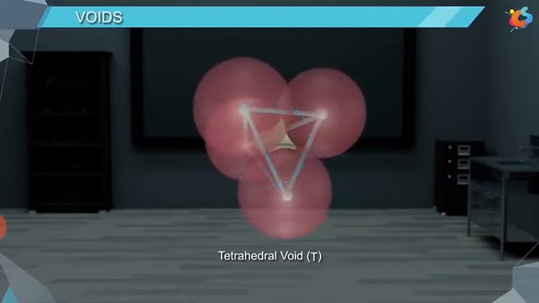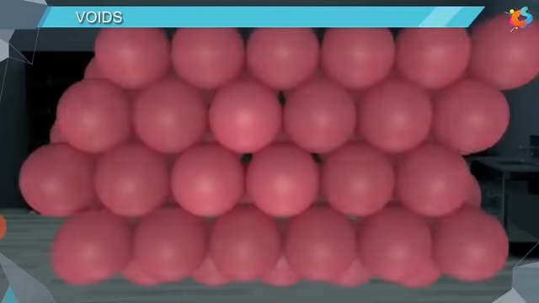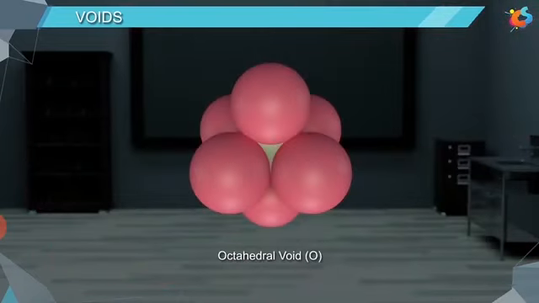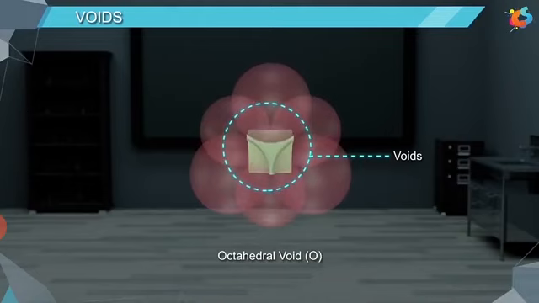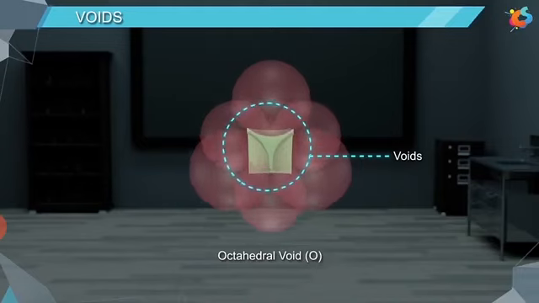It has four sides and hence it gets its name. The other type of void is known as octahedral void, and this void is created by placing the three spheres over the first layer in such a way that a void is formed, and this void has 8 faces and hence gets its name octahedral void.